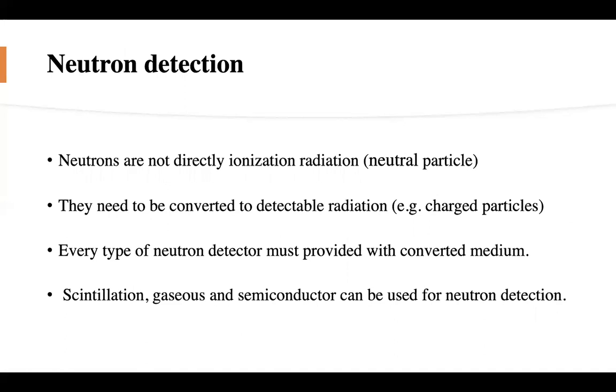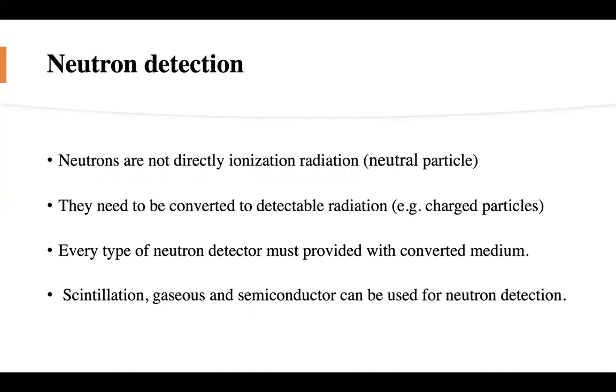I just mentioned how to detect some types of charged radiation. All radiation such as photons, alpha particles, and beta particles can directly ionize the active medium, whether gas, semiconductor, or scintillator.